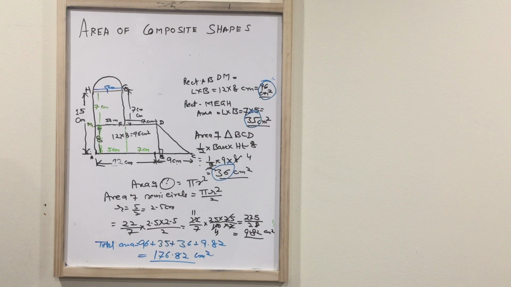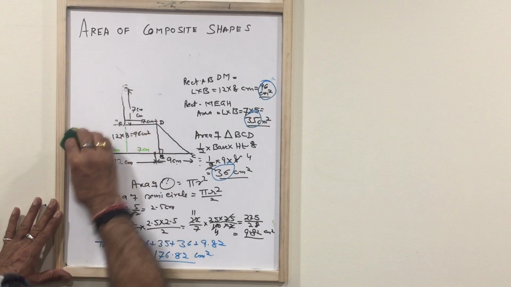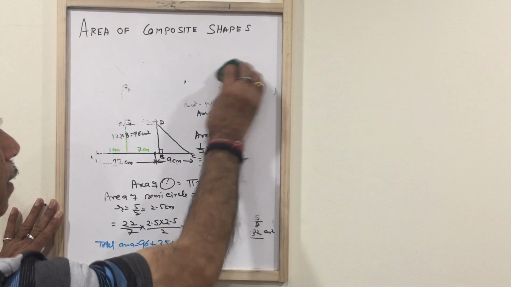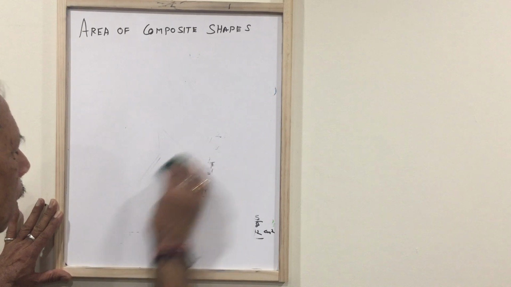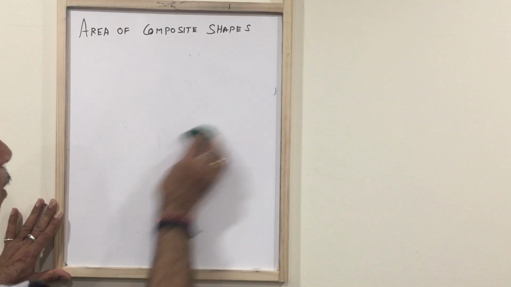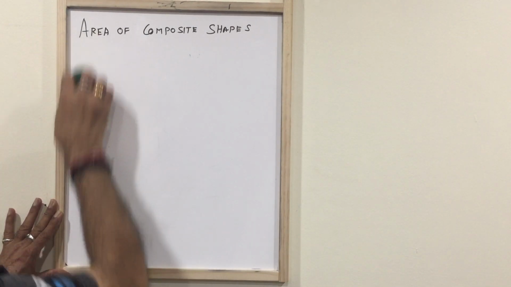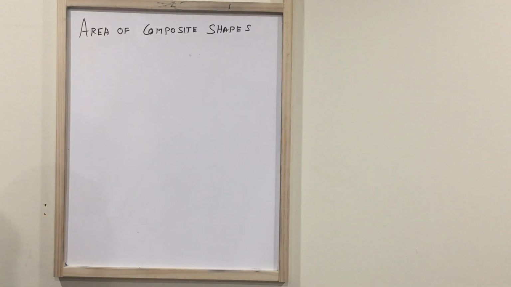So I'll take one more example, because these composite figures comprise area of rectangle, area of triangle and area of circle. So I'll take one more example now.